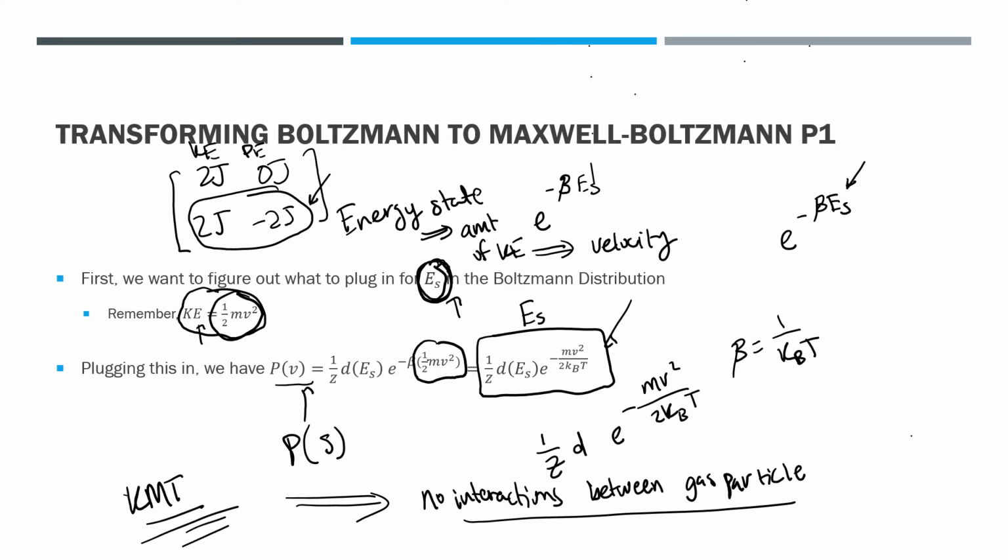We don't have to worry about adding potential energy, because for all these particles it's just going to be the same. That's why we can only plug the kinetic energy equation into my Boltzmann probability distribution. Now let's go to the next slide and modify our equation some more to make it closer to the Maxwell-Boltzmann distribution.